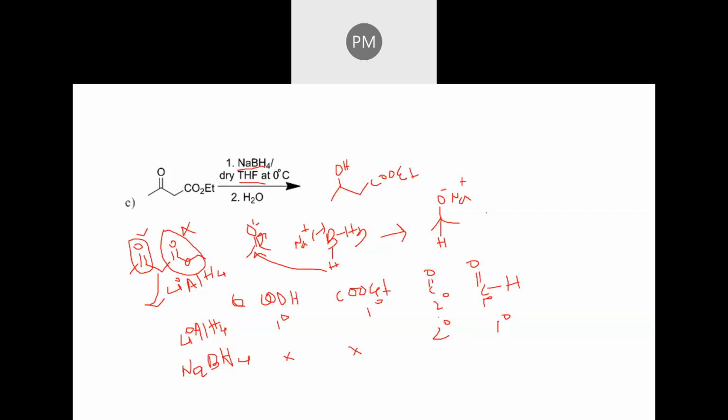In the reaction medium there will be water, so water is also a source of hydrogen. This O minus abstracts one hydrogen here. So our product will be like this.